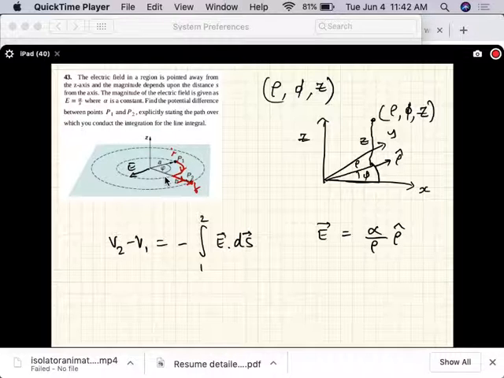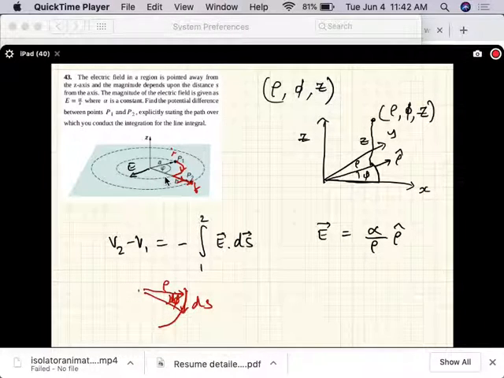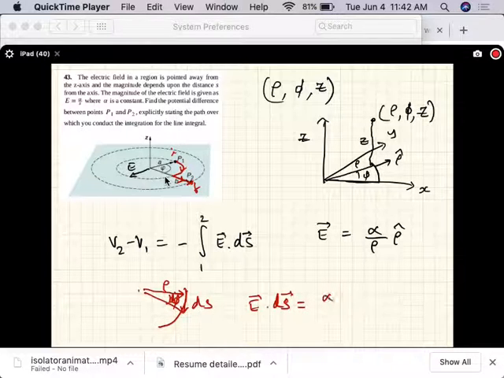Let me show along that path. Here is ds. There's the origin, and ds would be rho d phi. So E dot ds would be alpha rho hat dotted with ds, which is rho d phi times phi hat.